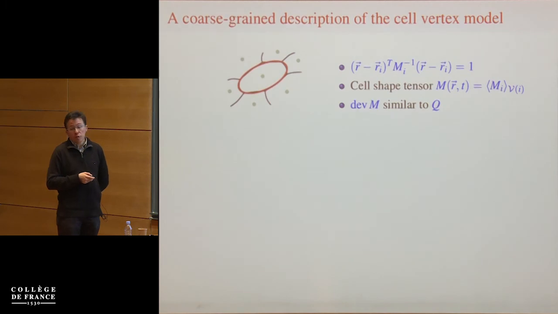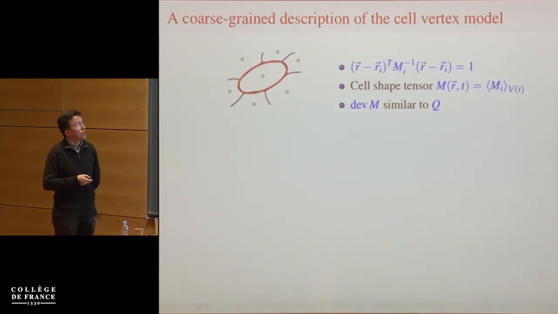So the idea is actually fairly simple, and it allows to build hydrodynamic models of tissues that are based, in a way, on the cell vertex model, and allow, therefore, to include in these hydrodynamic descriptions coarse-grained versions of the parameters of the cell vertex model, including junction tensions. So that was pretty much our motivation.